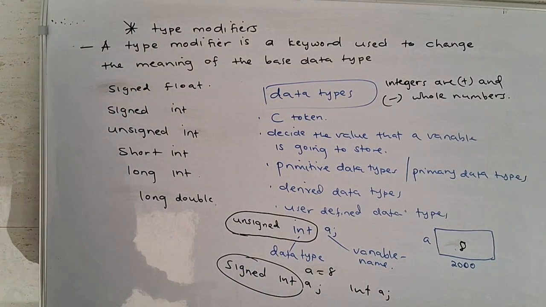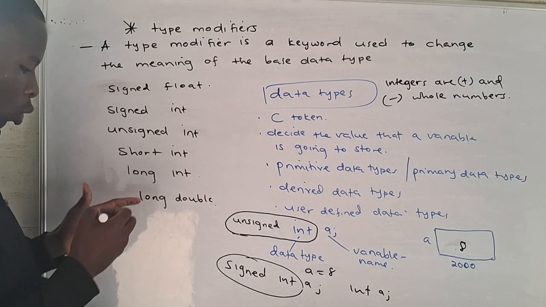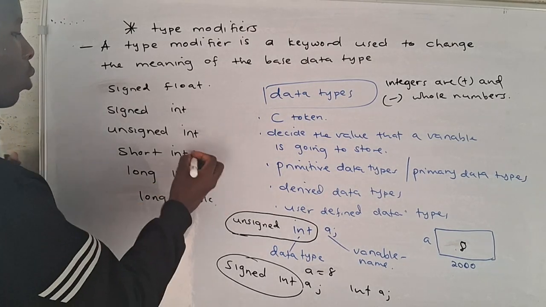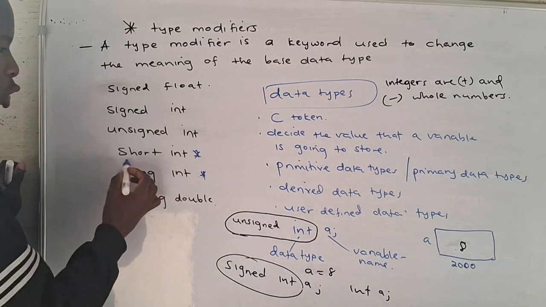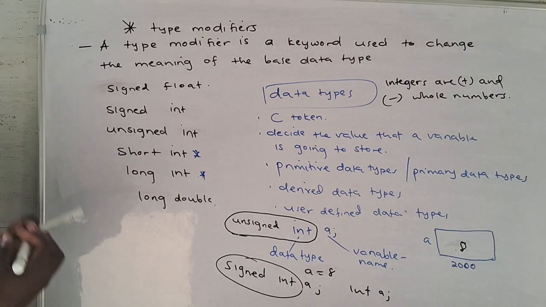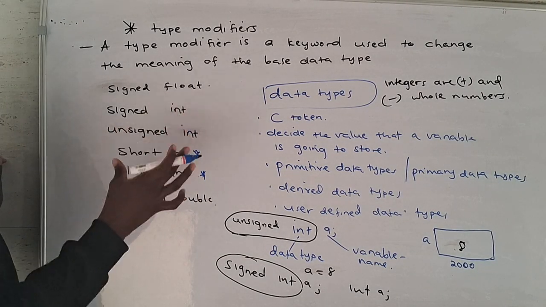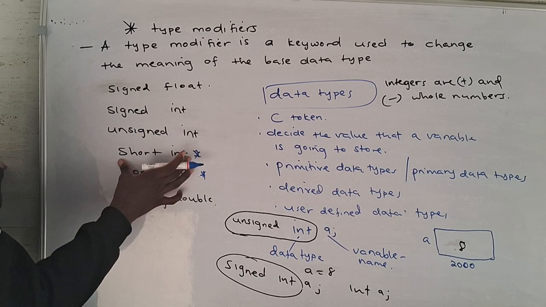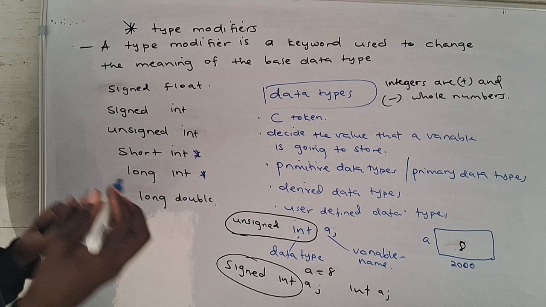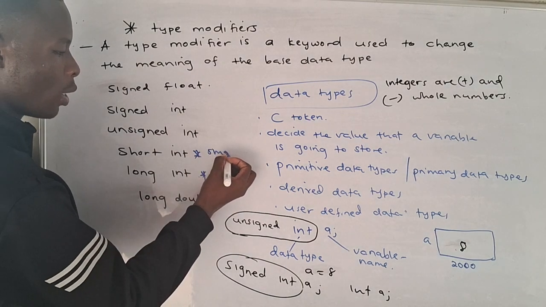We also have what we call short int, and we also have what we call long int. Short int is a version of the data type int, which is used when you want to store a small integer.